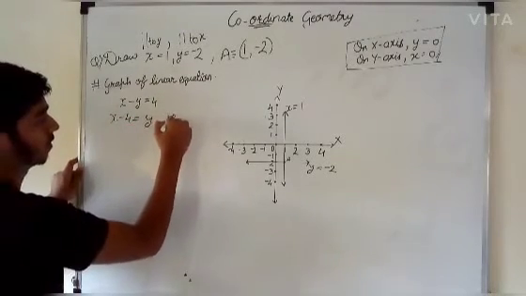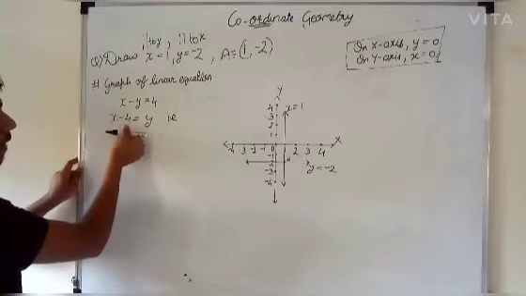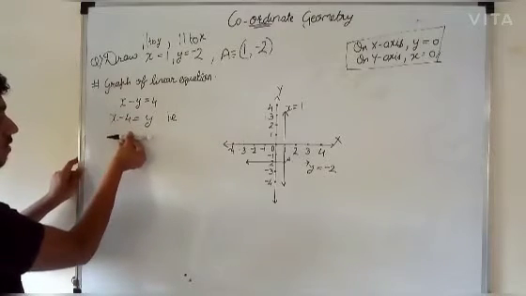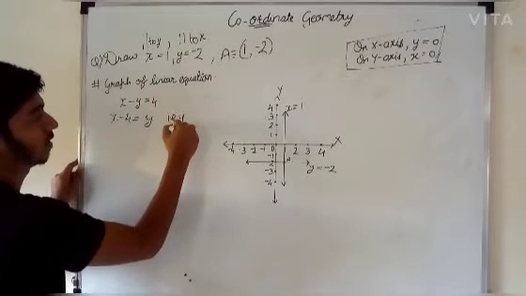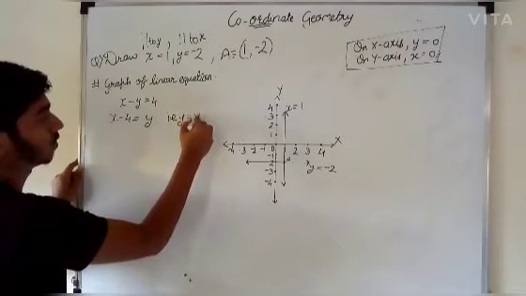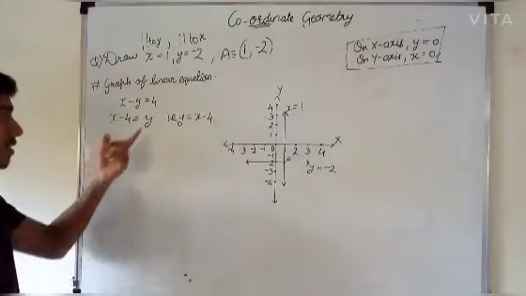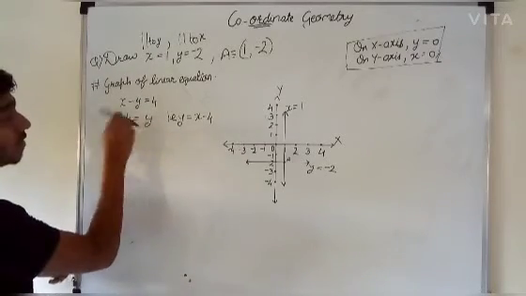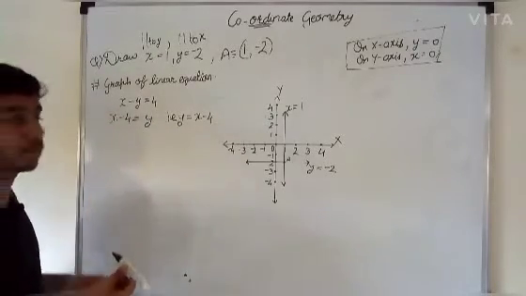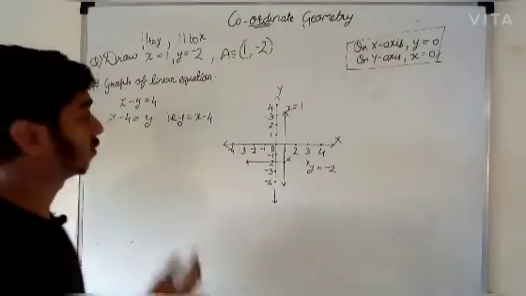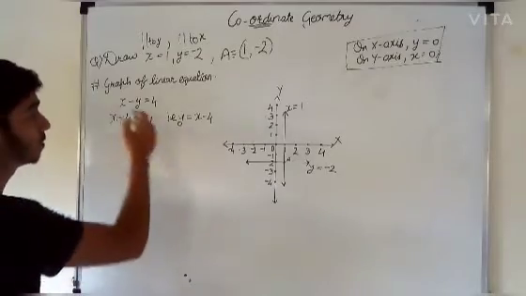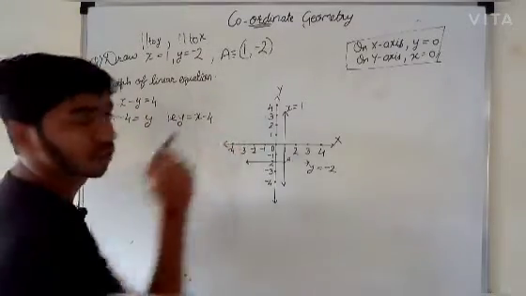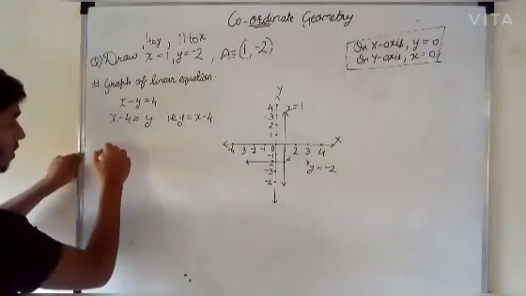So y comes this side and x minus 4 goes that side. You are just flipping, like flipping a pen. Okay, so y equal to x minus 4 we get. Now you have to plot this particular line on the graph. So let's see how we do that.